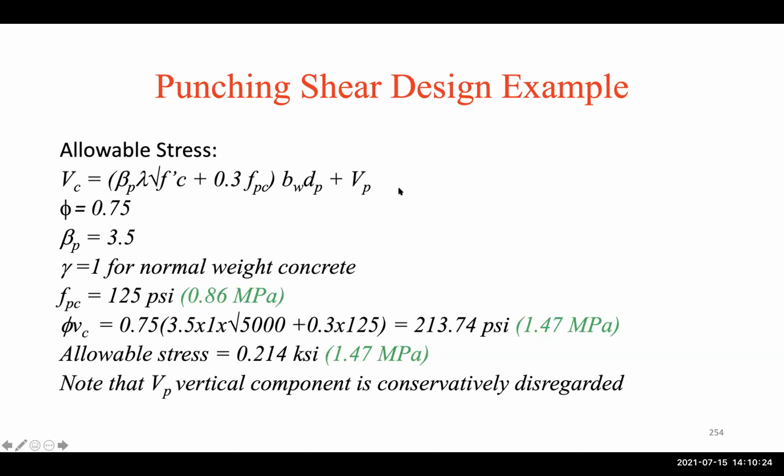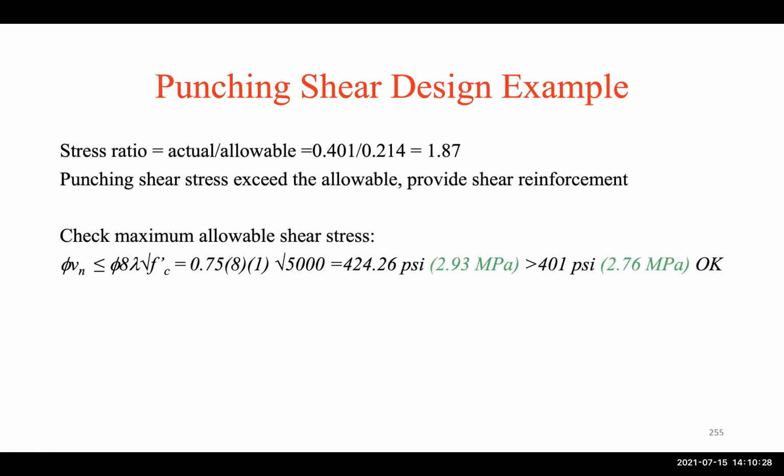So that helps. So we calculate this, and then we can compare that with the allowable capacities. And then we check that with the maximum shear allowable. So that's the maximum that's given by ACI. Okay, so that's greater than what we have. So this is okay.